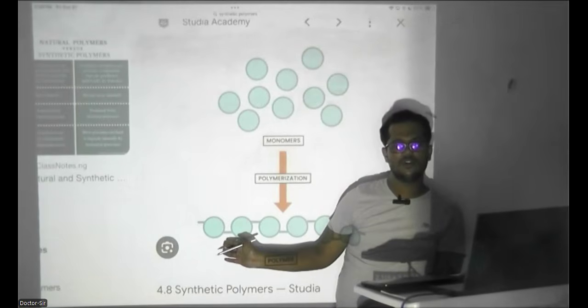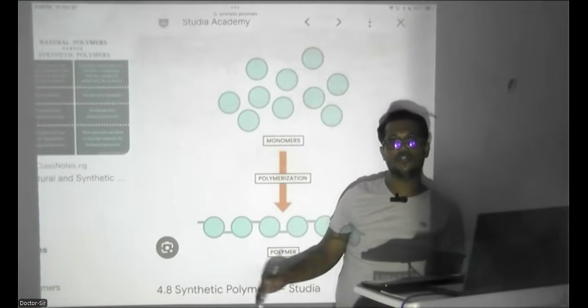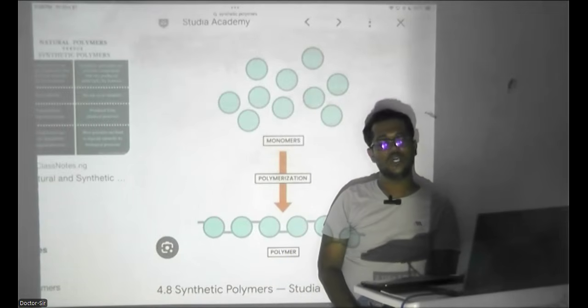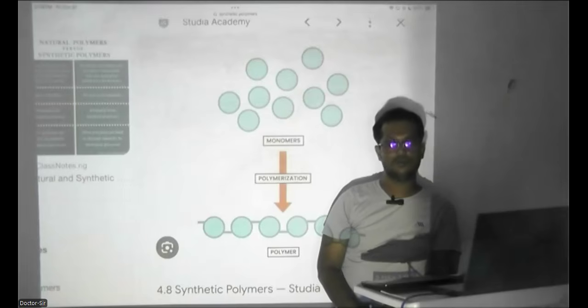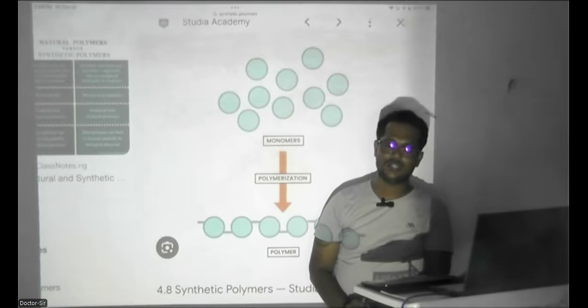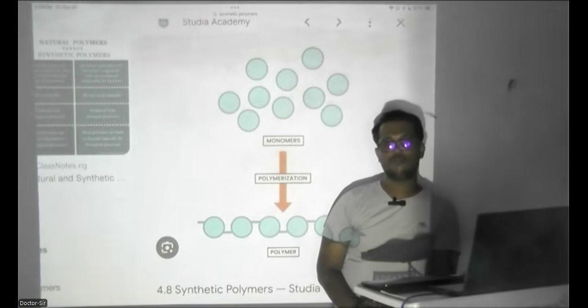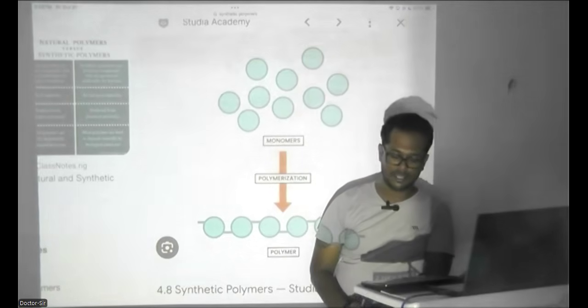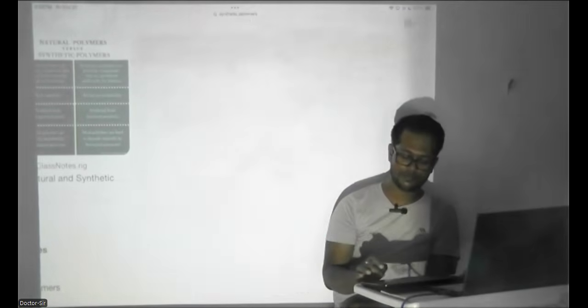It has so many monomers bound with so many bonds, so it is very hard to break the bonds and degrade it. That's why we ask you not to put polythene into nature. So polythene is another polymer.